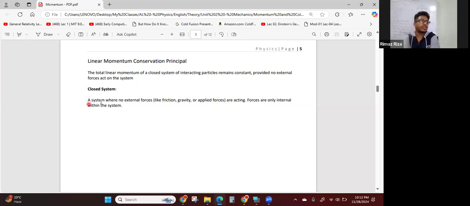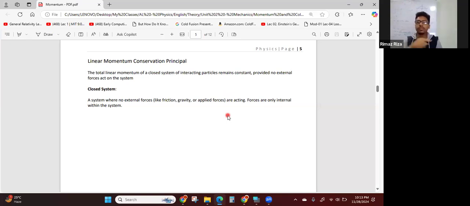So a closed system is a system where no external forces like friction or gravity are acting. Forces are only internal within the system. Now, if we consider our first example, when two blocks collide, we can't take each block as a closed system, because it experiences an unbalanced force.